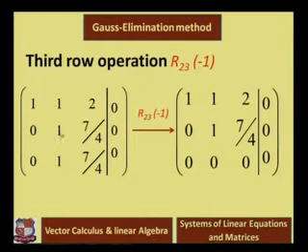Below the second leading one there must be a 0, but still there is 1. Convert that entry to 0. Take the row operation R23 minus 1, that means multiply the second row by minus 1 and add to the third row. The resultant matrix is 1 1 2 0, 0 1 7 by 4 0, and 0 0 0 0.